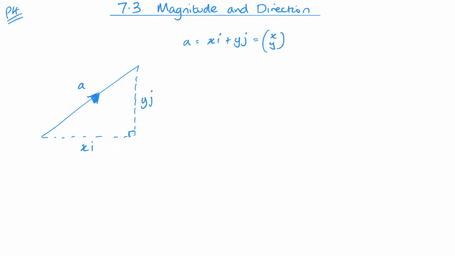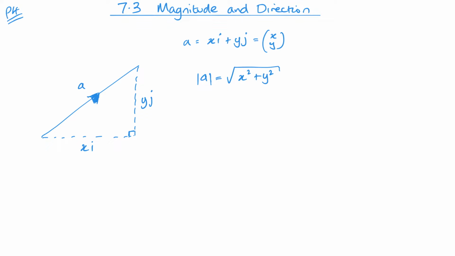Now when we're talking about magnitude, we put it in what you'll know as modulus signs, just these straight lines. This means the magnitude of vector A, or the length of vector A. And then Pythagoras would be x squared plus y squared.